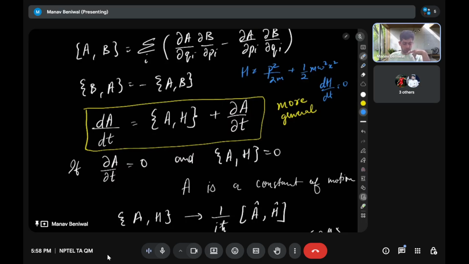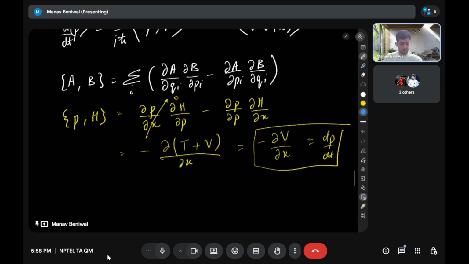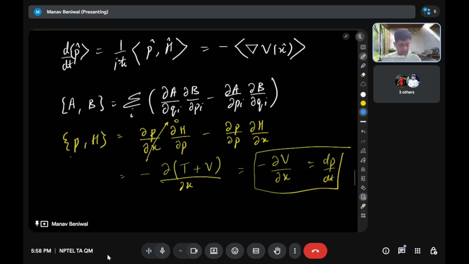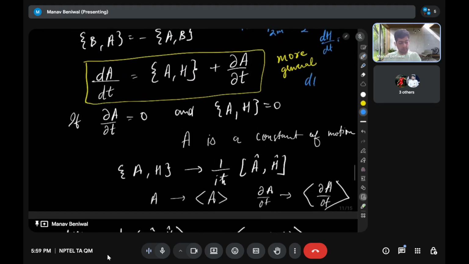So again, you can find this bracket. We'll get this same thing, and because our V is 0, this second term will also vanish. We don't have any potential energy in space, right? So we'll get that our dp by dt is also 0. So there is no net force, and our momentum is a constant.